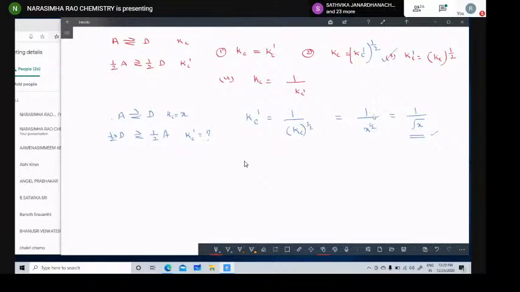Sir, what is the unit test syllabus, sir? Unit test syllabus is redox reaction, next thermodynamics, next thermochemistry, next states of matter.